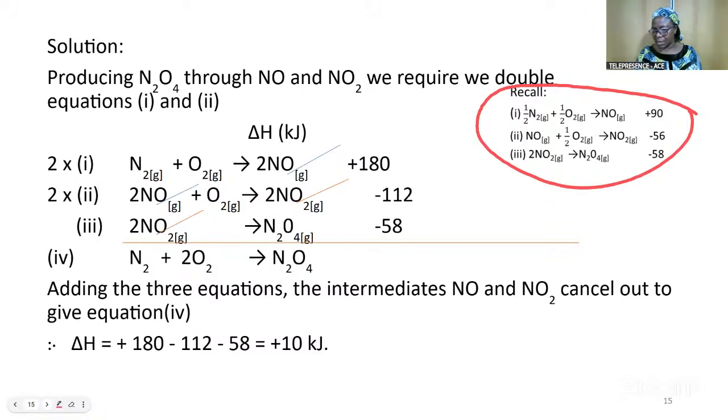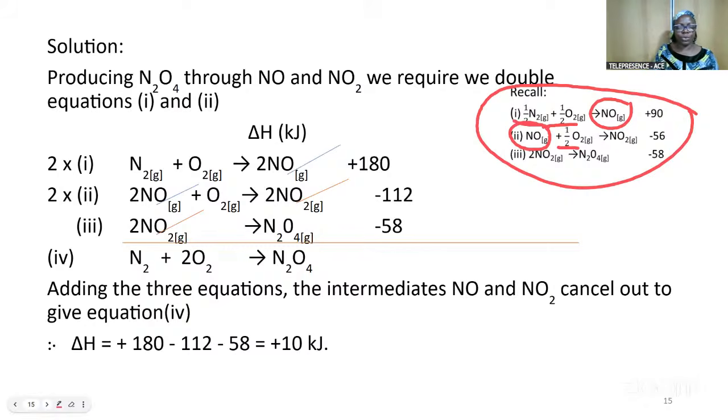So if you take this first one, we can see that here we have N2, and well, interestingly, we don't have N2 elsewhere, but we have oxygen here. And then we also have oxygen here.